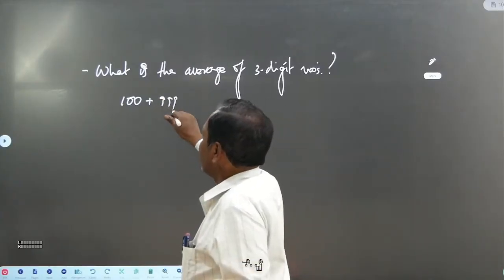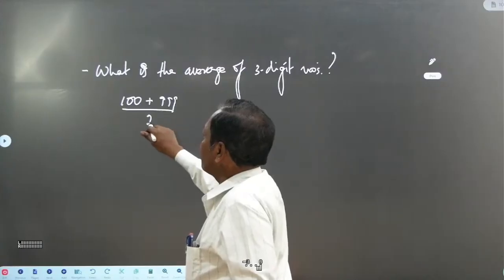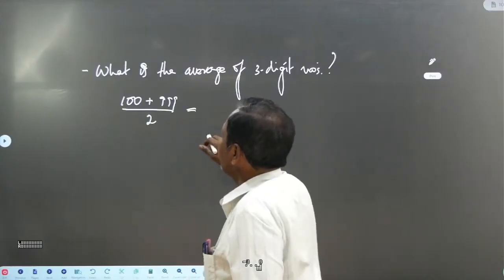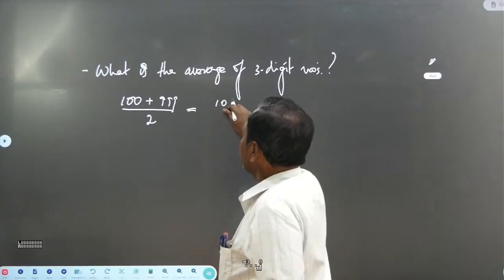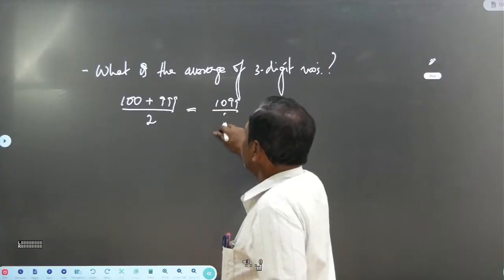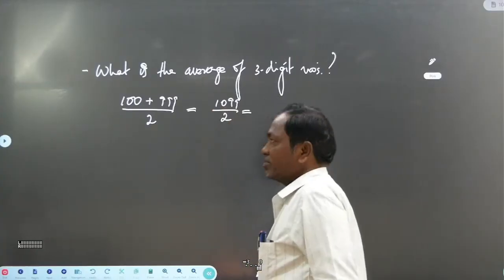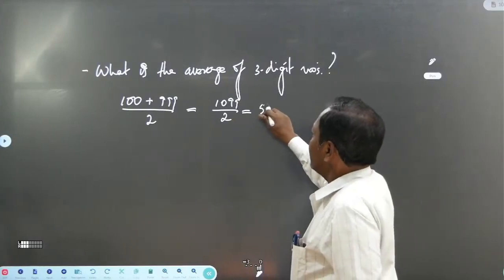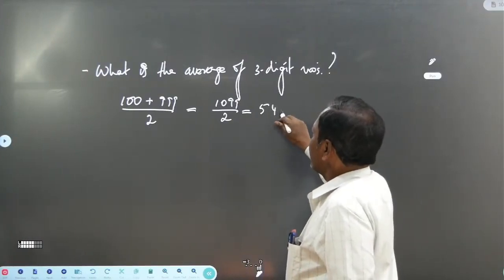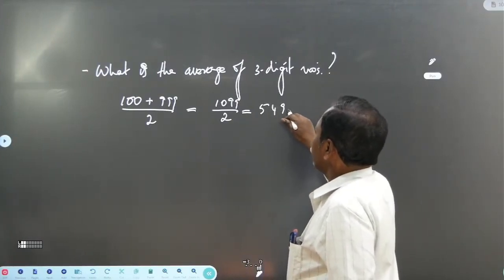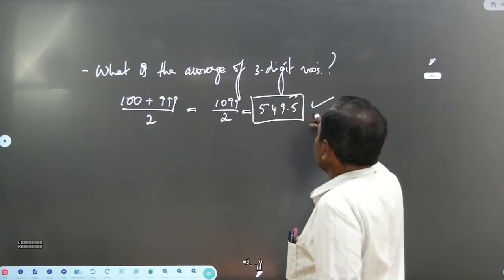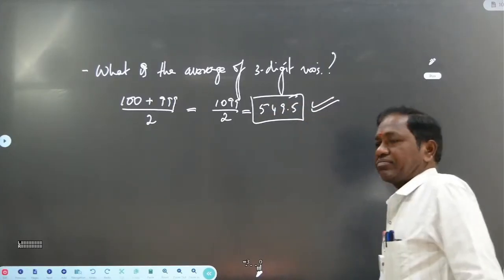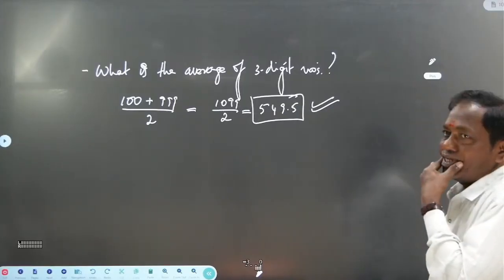By 2. It means 1099 by 2, you get the average. So 18.5... this is the average. Okay, that's it.